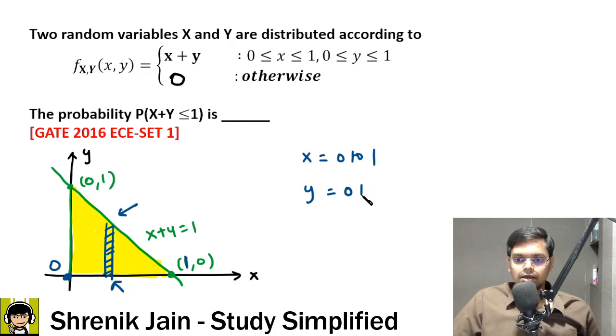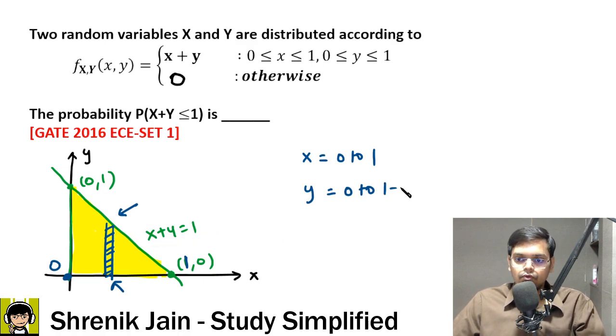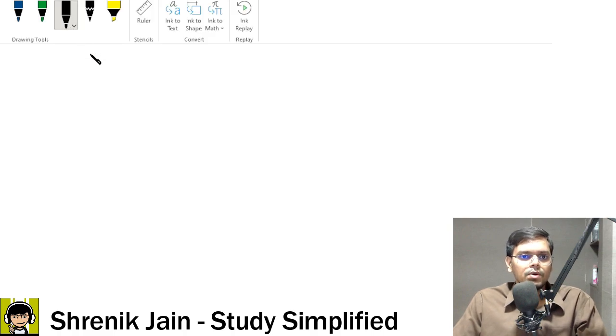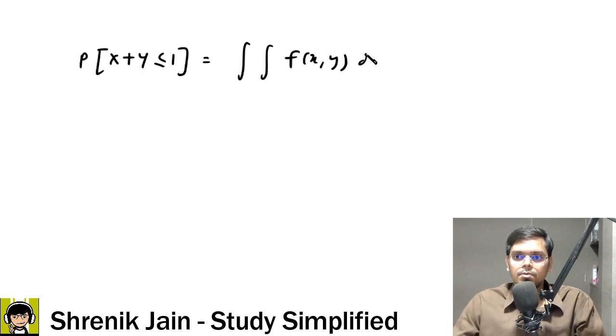The lower limit is 0, and the upper limit, just rearranging, y is equal to 1 minus x. Now finally, I needed the probability that x plus y is less than or equal to 1, which is the double integration of f of x comma y dx dy. Our function was x plus y, correct or not?